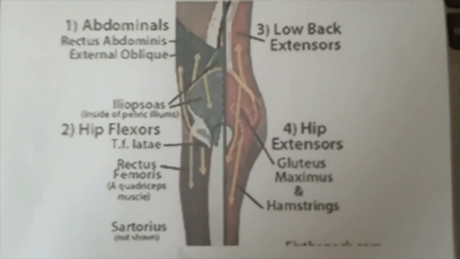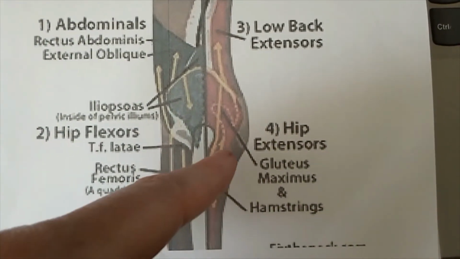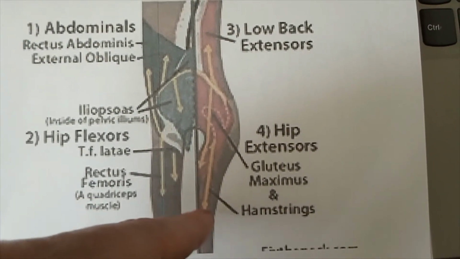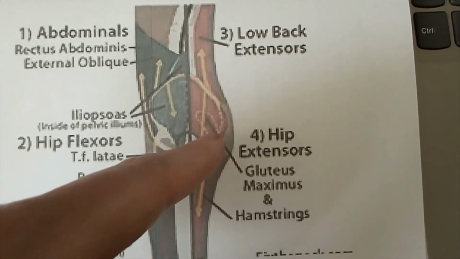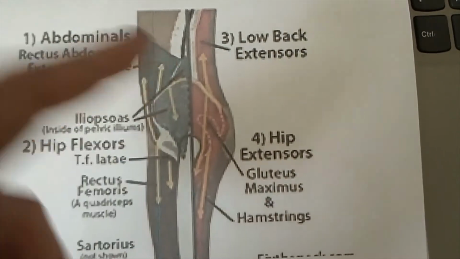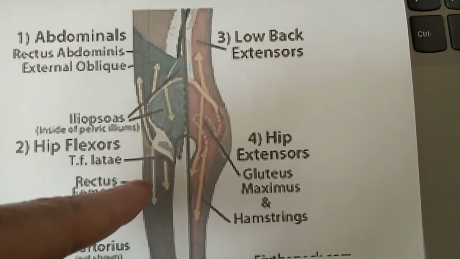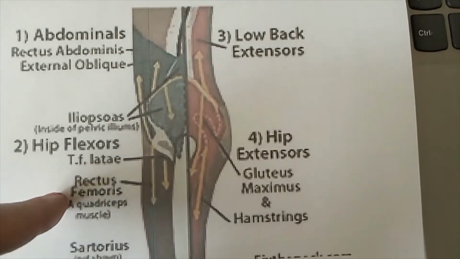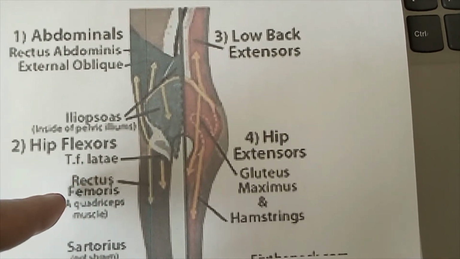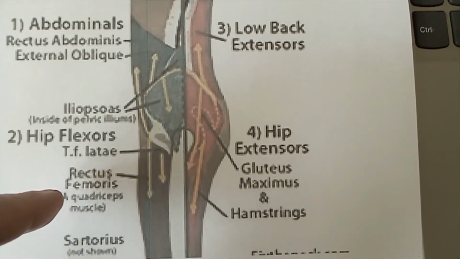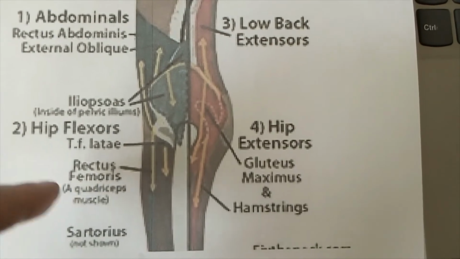For example, we're looking at things like the hip extensors, which include the hamstrings at the back of the thigh and the gluteal muscles in the buttocks. Also the hip flexors. So we're looking at the quads at the front of the thigh, particularly the rectus femoris, because that is the one quad muscle that crosses the hip as well as the knee, and therefore acts as a hip flexor.